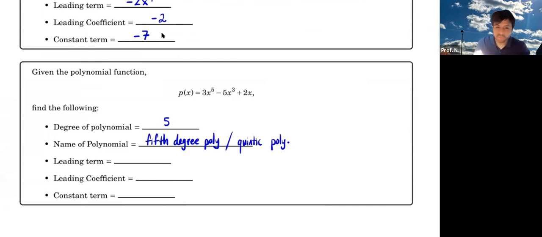What's the leading term? It's the term with 3x to the fifth. You guys are too good, too quick, learn too fast. This is quick now, right? Now we're not even sweating it. Leading coefficient is 3. It's too easy. And then the constant term.